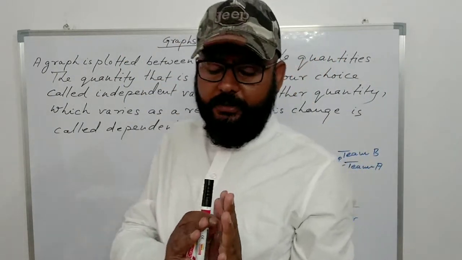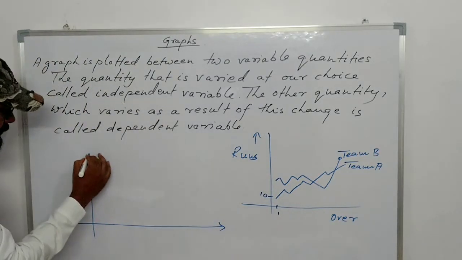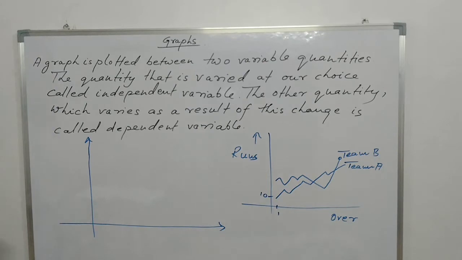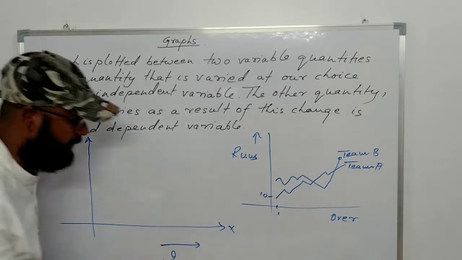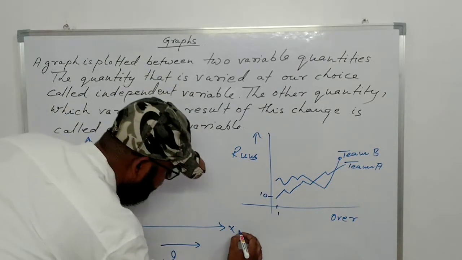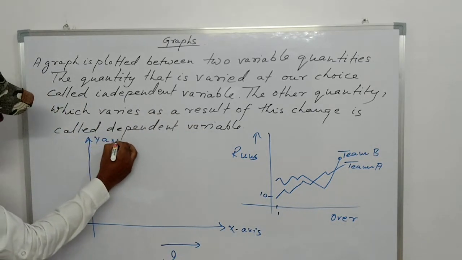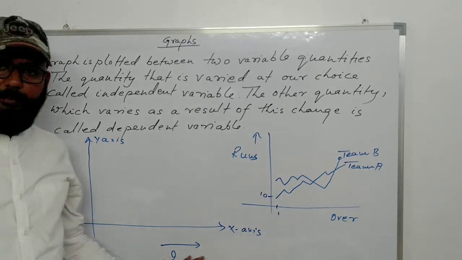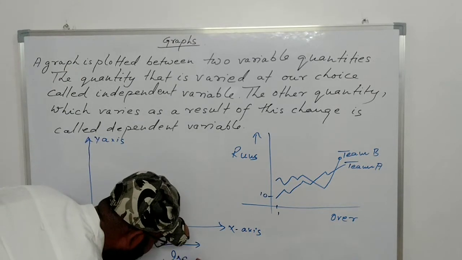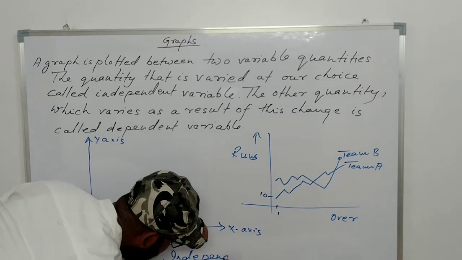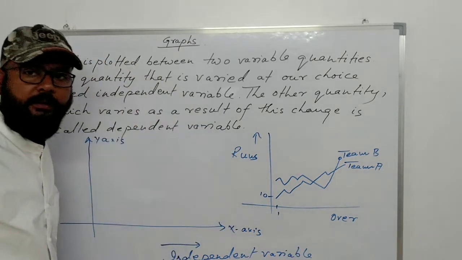Okay, generally we plot on the x-axis. This is the x-axis, everyone knows. If anyone has confusion, they may ask. This is the y-axis. Okay, generally on the x-axis we represent the independent variable.